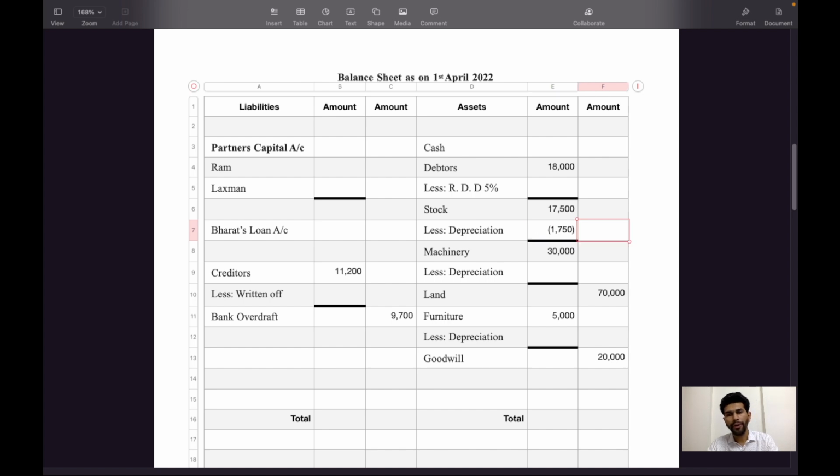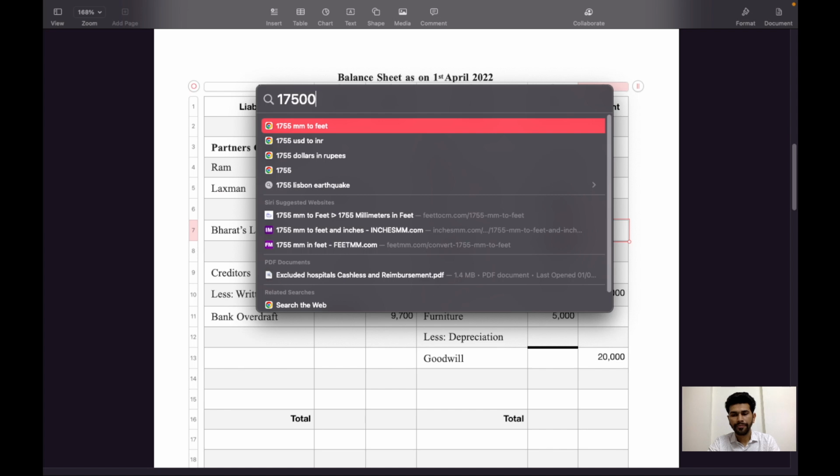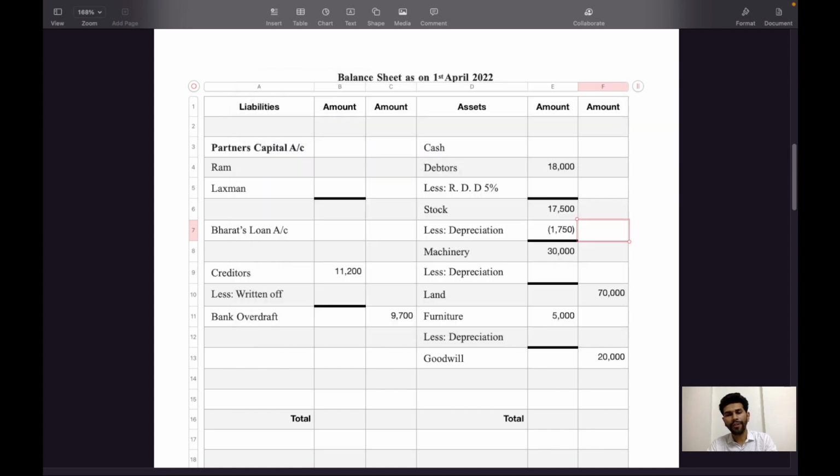It will be reduced: 17,500 minus 1,750. Balancing figure 15,750 will be in the outer column.